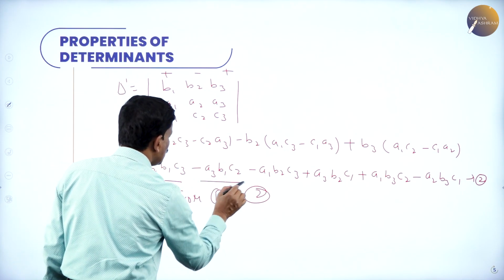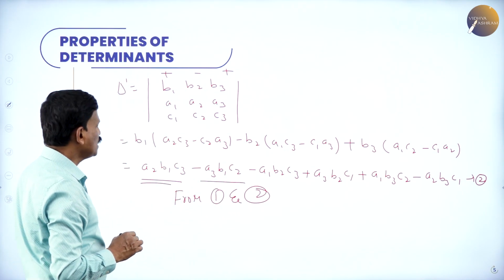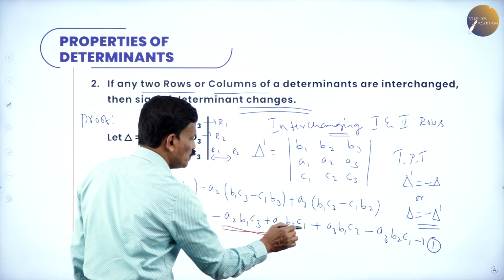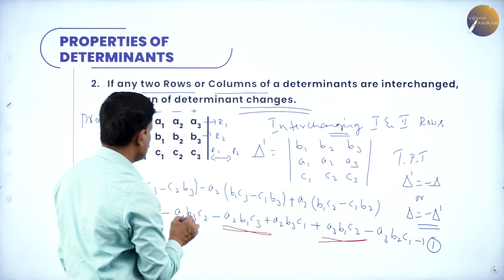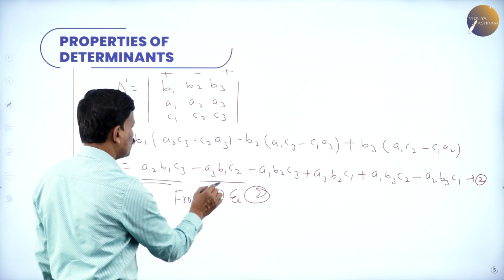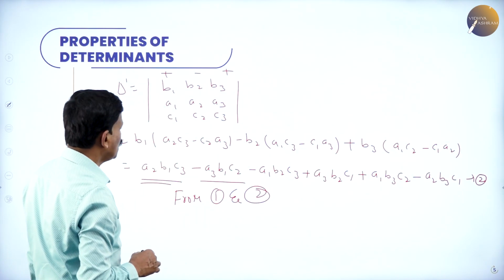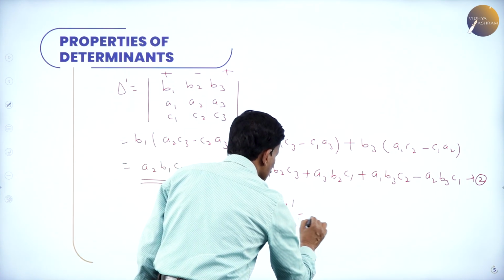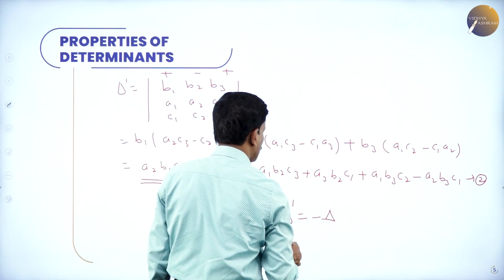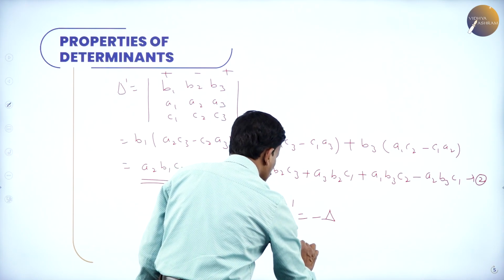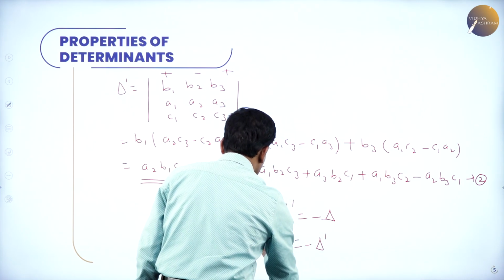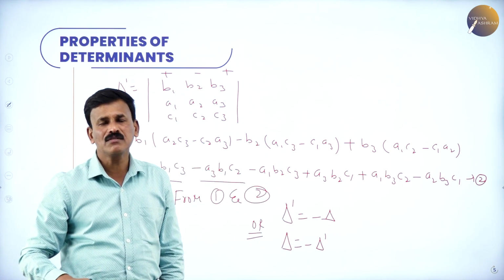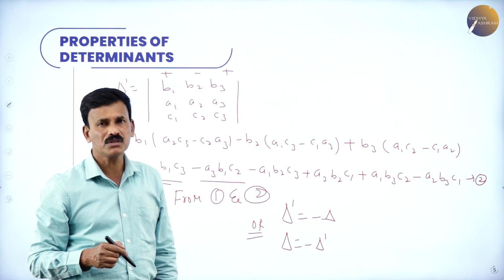Again A3 B1 C2 is positive here, and here we have a negative value. So from 1 and 2 we can say that delta dash is equal to minus delta, or delta is equal to minus delta dash. That means the value of a determinant changes in its sign whenever its 2 rows or 2 columns are interchanged.